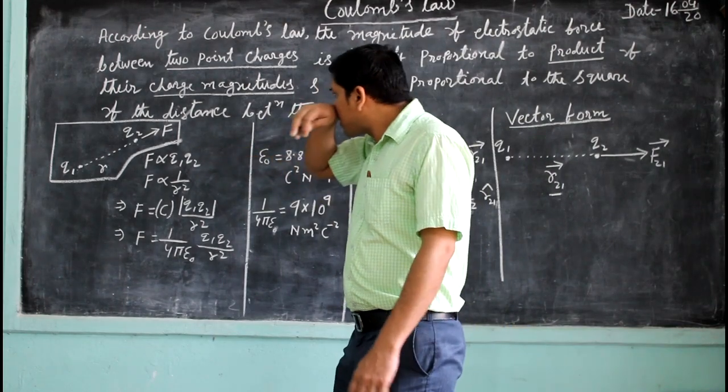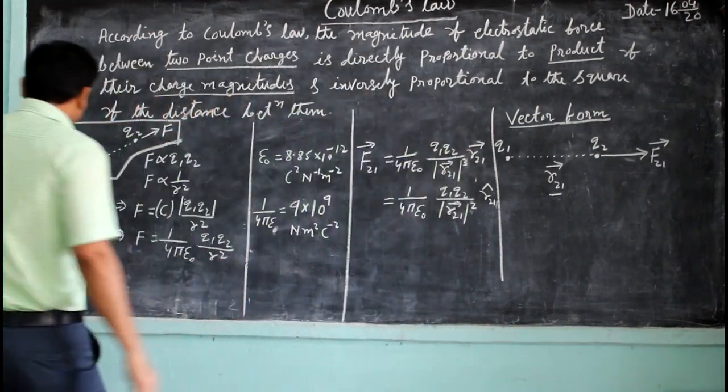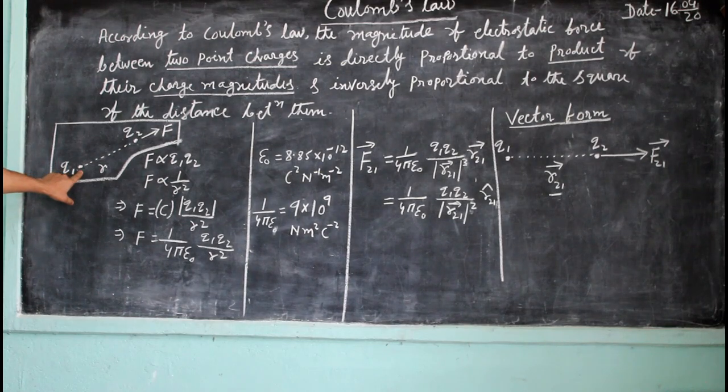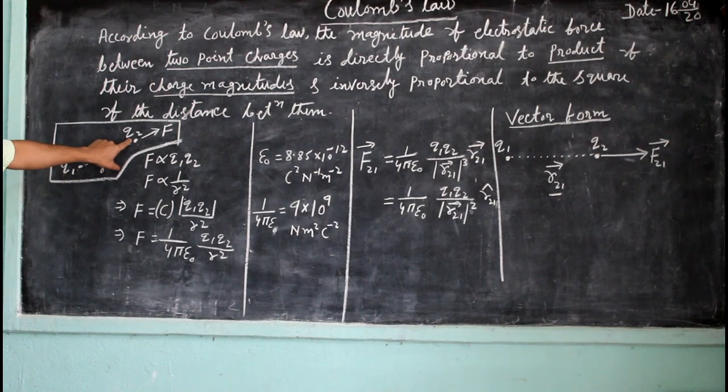Here, I have explained it mathematically. Let the two point charges be Q1 and Q2, and the distance between these two point charges be denoted by small r.